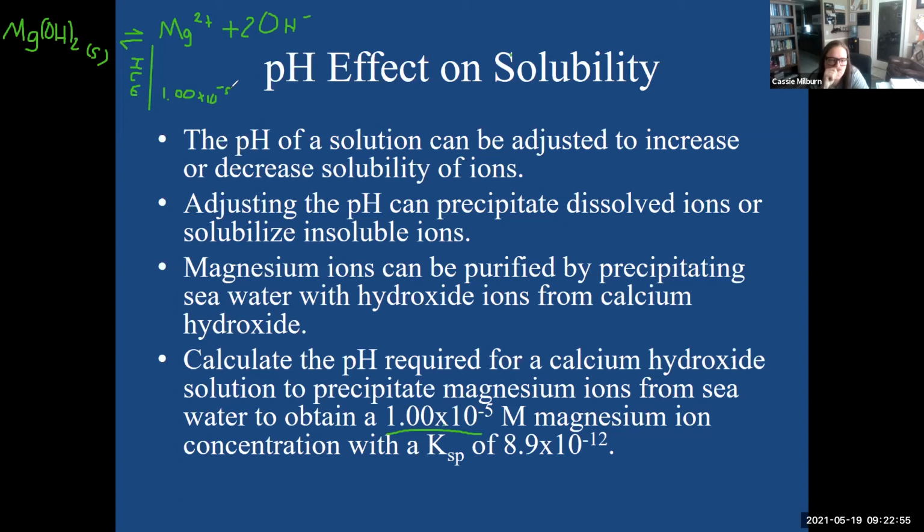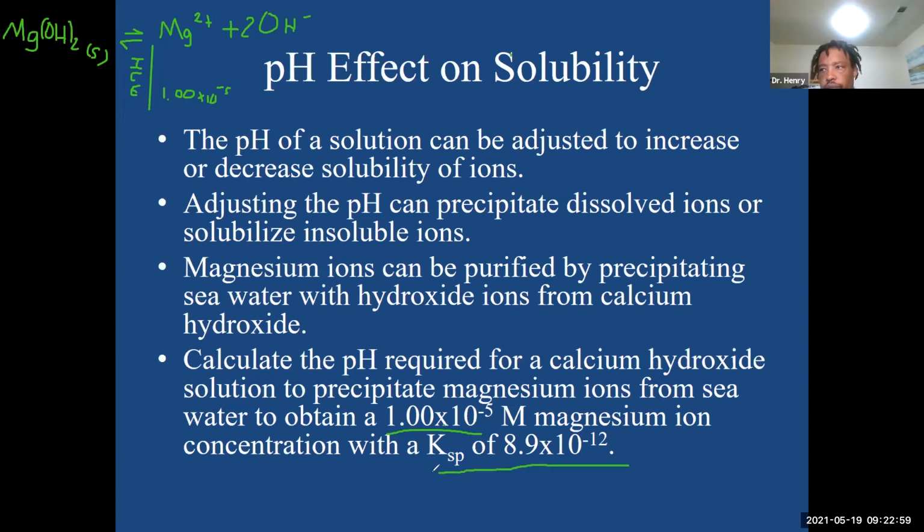This here is going to be our Ksp. And then we need to calculate how much OH we need so that we end up with this amount. So what we don't know is this. This is what we're calculating. This is going to be our X. So how much of this do we need to have that much?